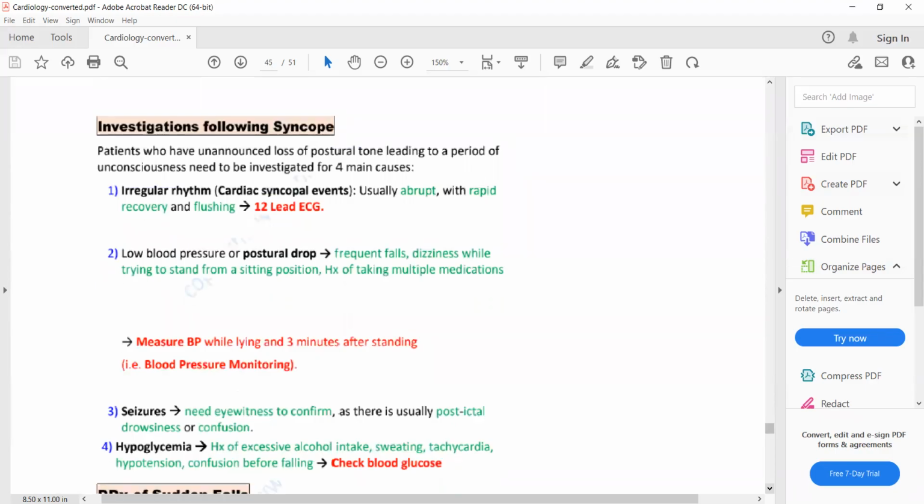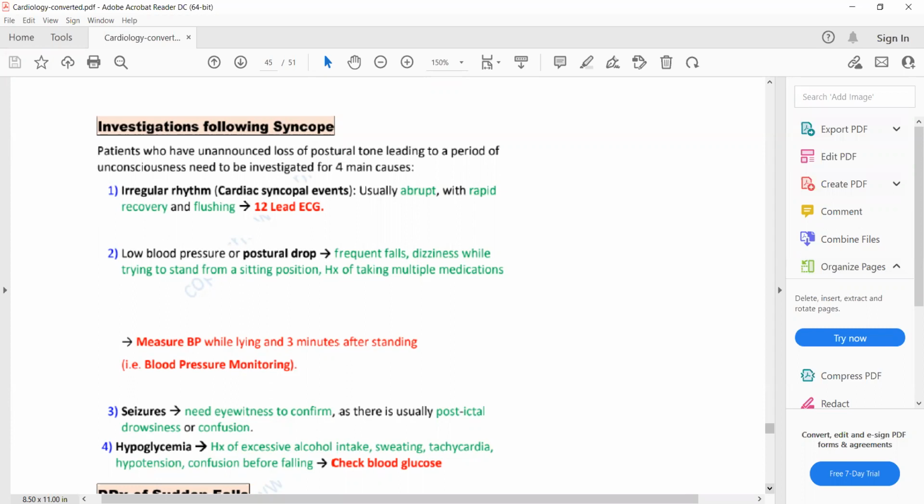So how to investigate a case of syncope, or investigation following syncope? Patients who have unannounced loss of postural tone leading to a period of unconsciousness need to be investigated for four main causes.